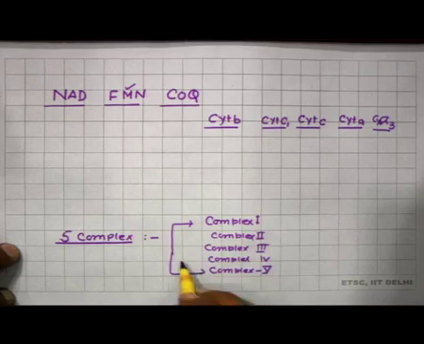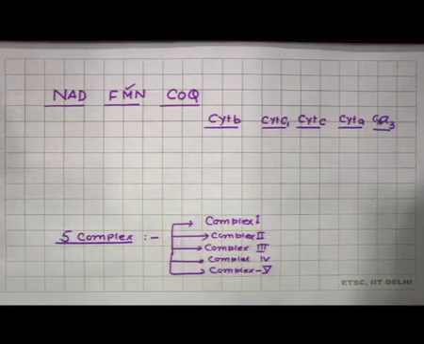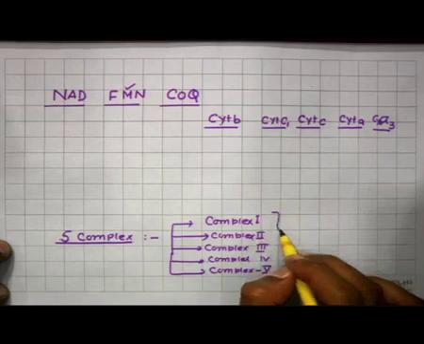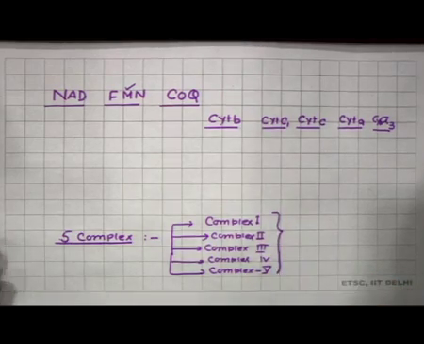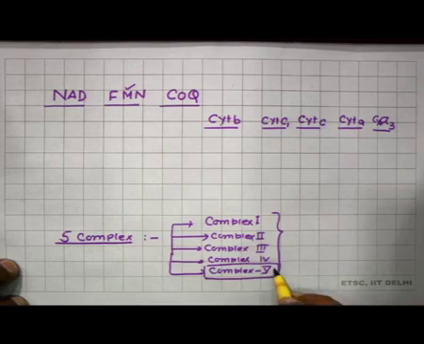There are 5 complexes present in the electron transport chain. The terminal complex, that is complex 5, is connected with ATP synthesis.